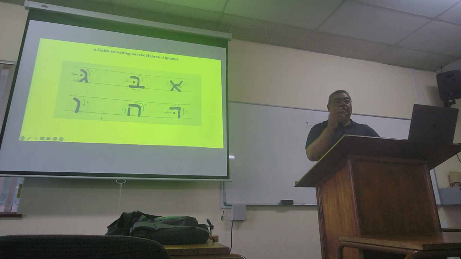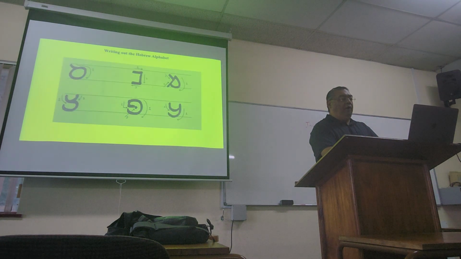And that's how you will write the letter Gimel. The same thing with the letter Dalet. Top left-hand corner, you go to the top right-hand corner, you drop down to the bottom right-hand corner, you lift your pen, you make the dot, and that will be a Dalet. Okay, so that same principle will occur with all of the letters.